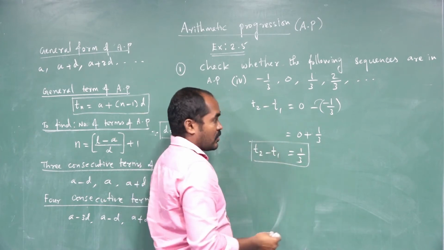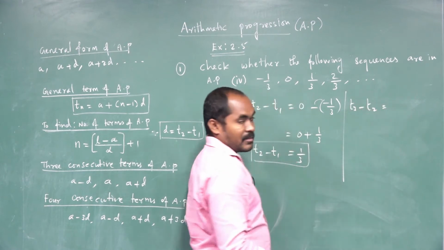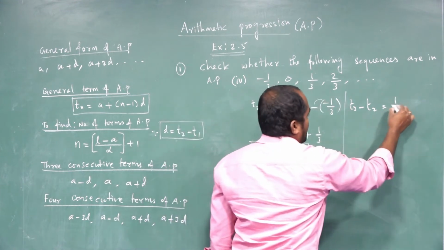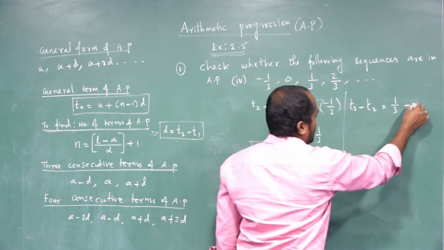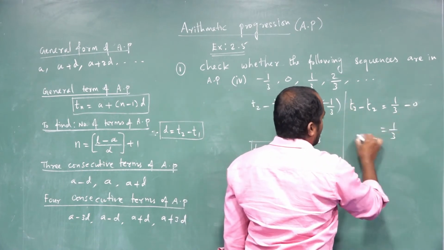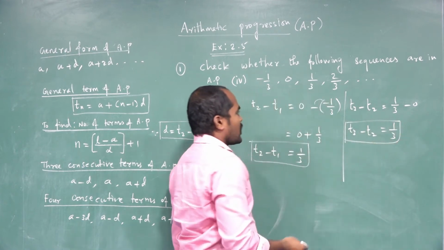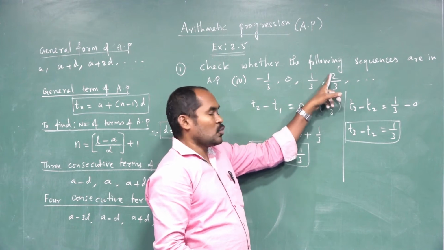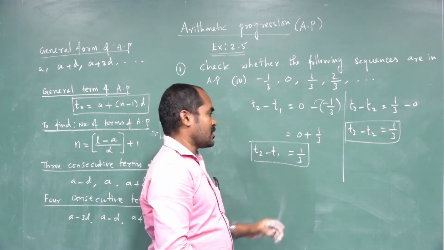Next, T3 minus T2. T3 is 1 by 3 minus T2, which is 0. So this is also 1 by 3. So what about T4 minus T3? 2 by 3 minus 1 by 3 is also 1 by 3.